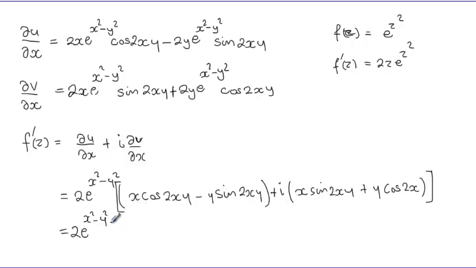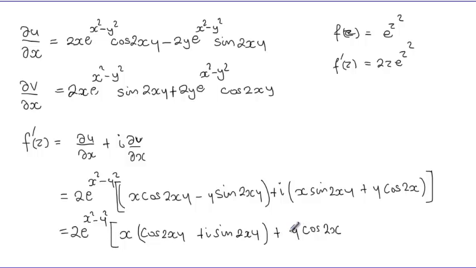Then we're going to have here common factor x, and we've got cosine 2xy plus i sine 2xy, and then for y we're going to have y cos 2xy, and then we collect this one.